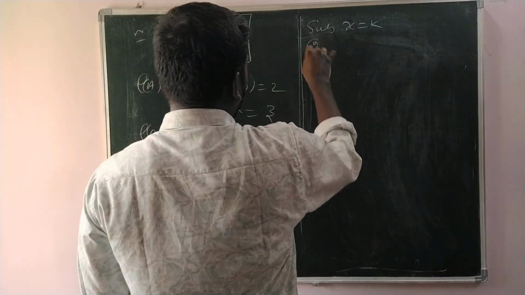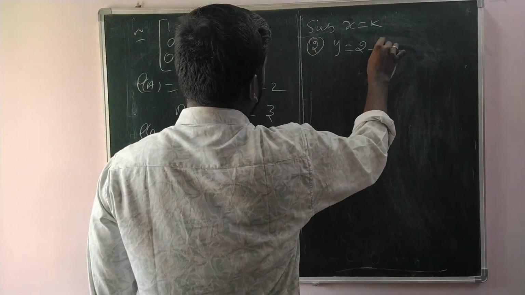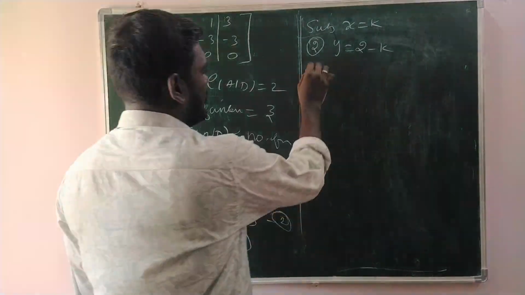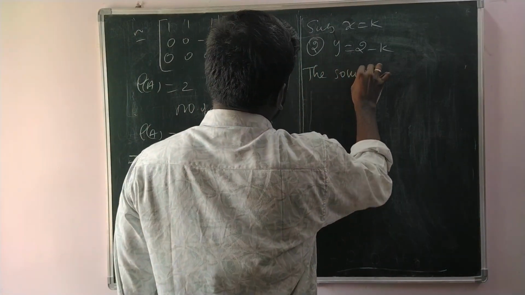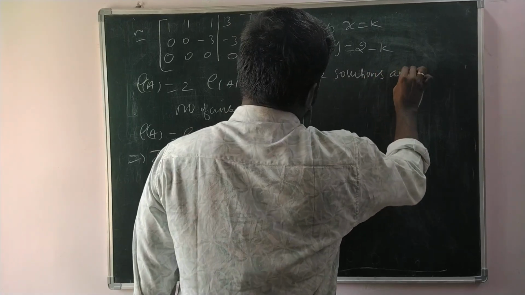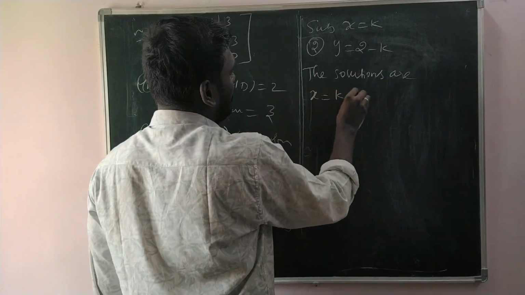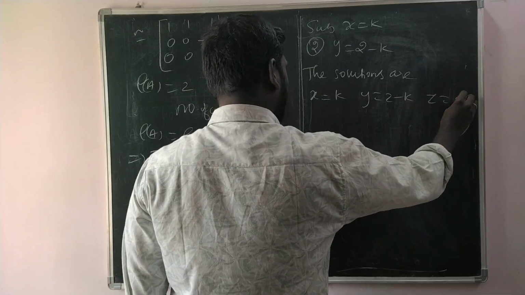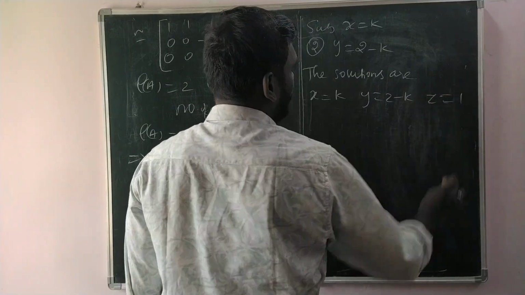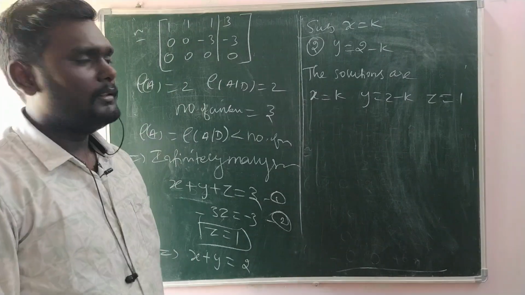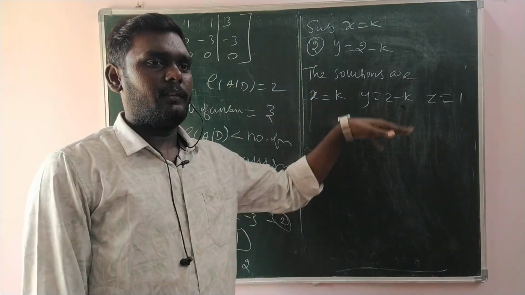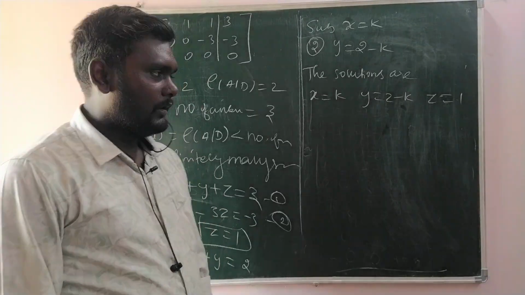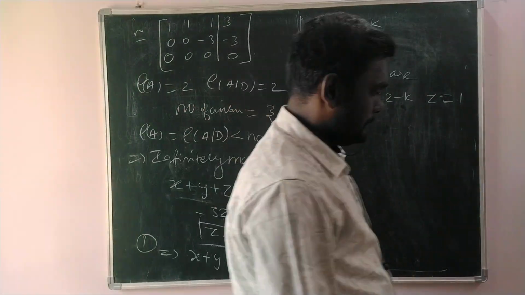Then from the first equation we get y is equal to 2 minus k. So the solutions are x is equal to k, y is equal to 2 minus k, z is equal to 1. How does this become infinitely many solutions? For different values of k, we will get different values of x, y, z, because we have an infinite number of choices for k.